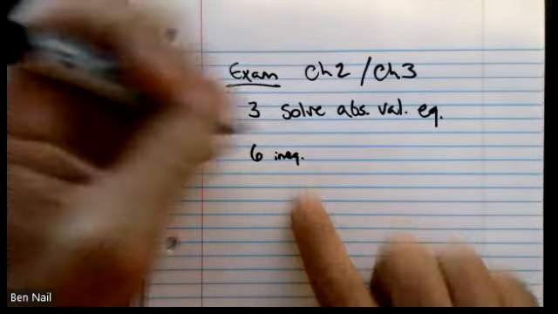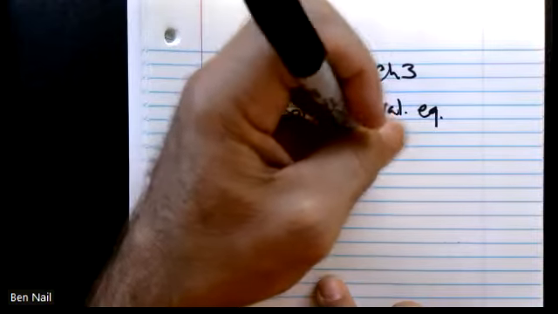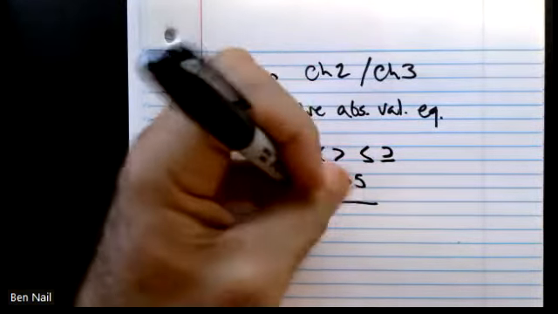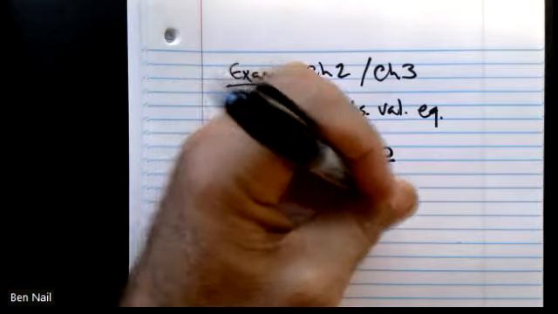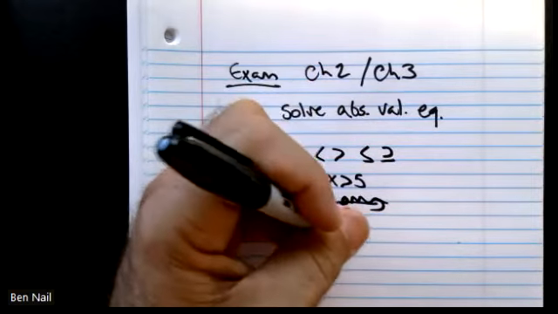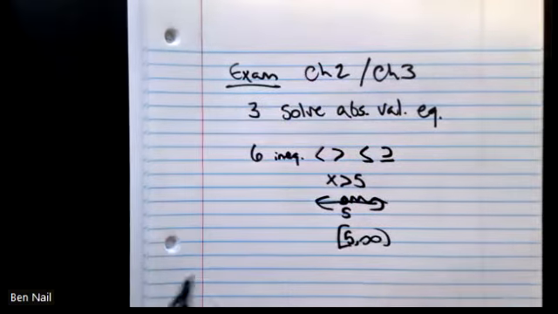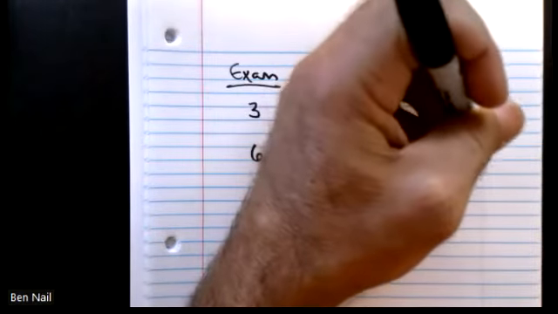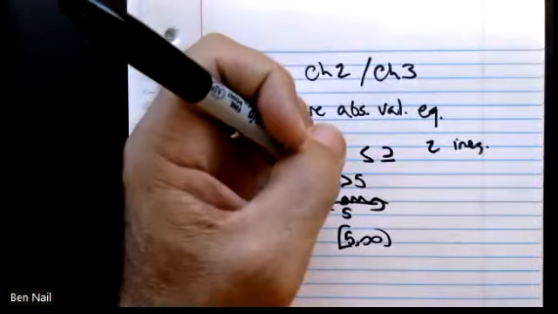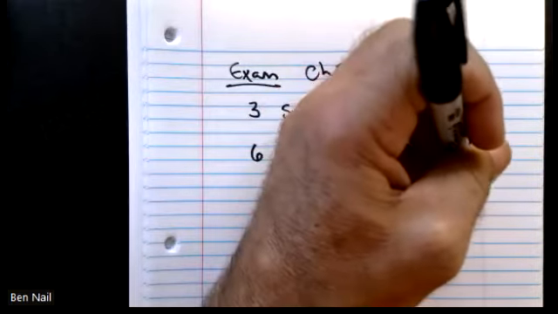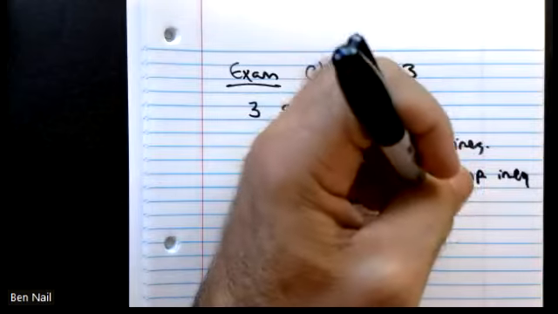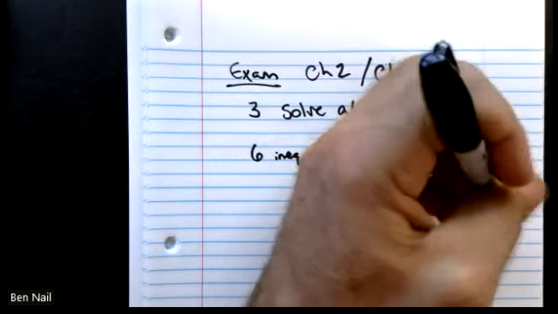Remember, with your inequality problems, that's less than, greater than, less than or equal to, greater than or equal to, you need to be able to solve and graph and do interval notation. Okay, you need to be able to do all of those things. And there are 6 problems. There are 2 regular inequalities, 2 compound inequalities, and 2 absolute value inequalities.